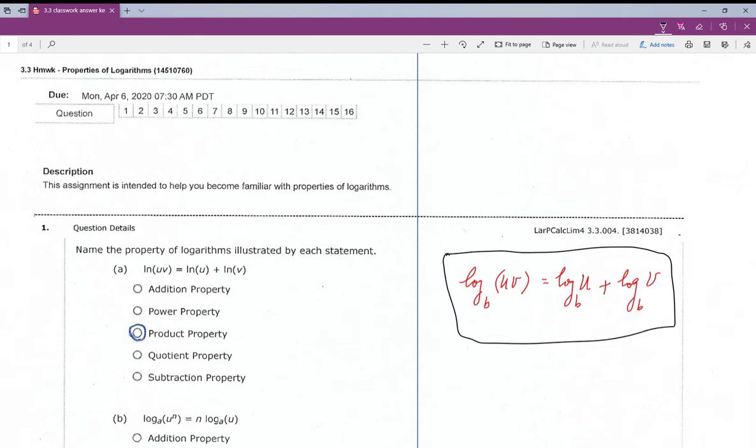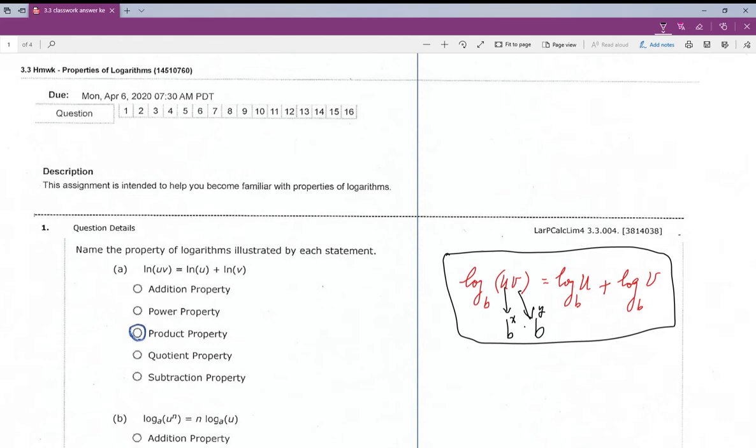When there's multiplication inside the parentheses, separate become the addition. Now, actually, the idea is if the degree of u, when you convert to base b, is x, and the degree of v, if you convert to the base b, is, for example, y.